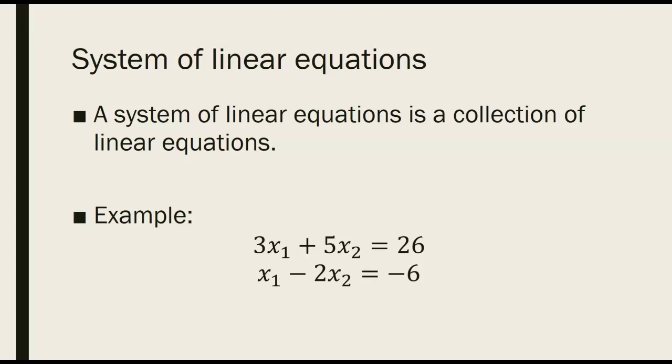So for example, here is a system of two linear equations. We have one line and another line. By the way, oftentimes I'll use the word lines. Linear equations in 2 dimensions represent lines. That's fairly well understood. By 2 dimensions, I mean 2 variables.